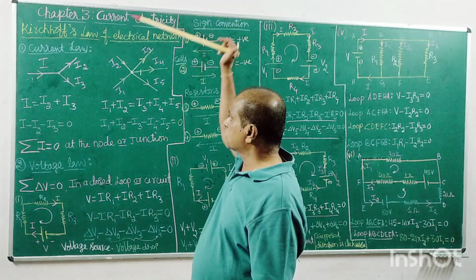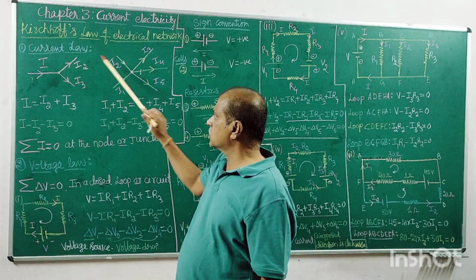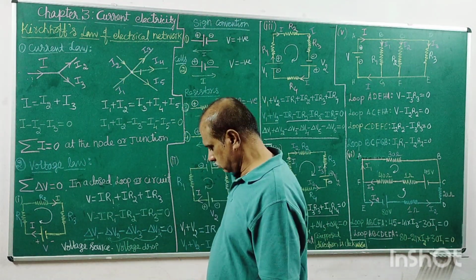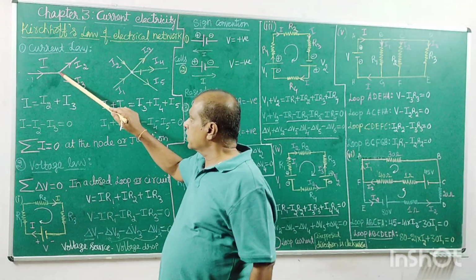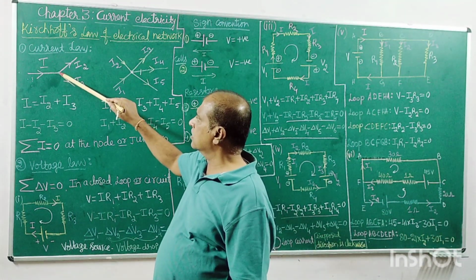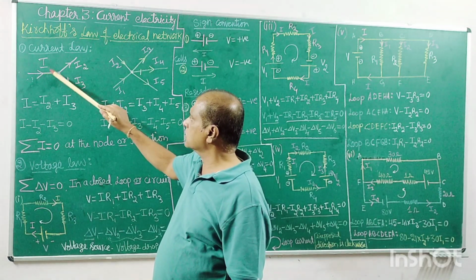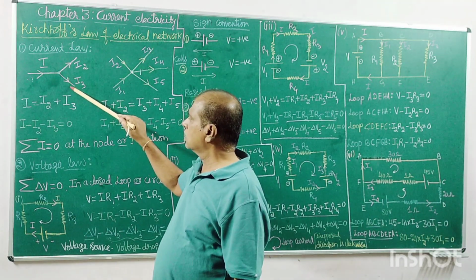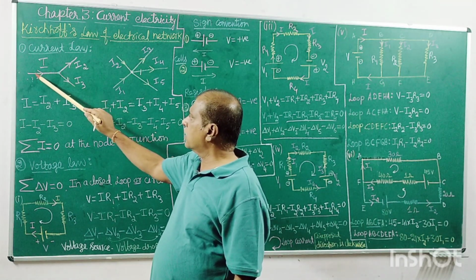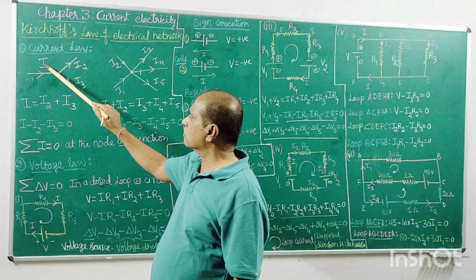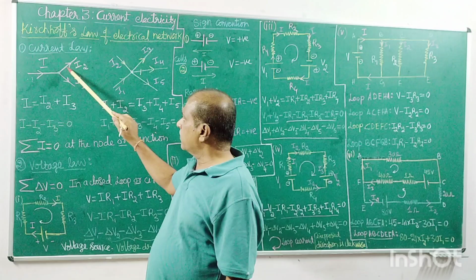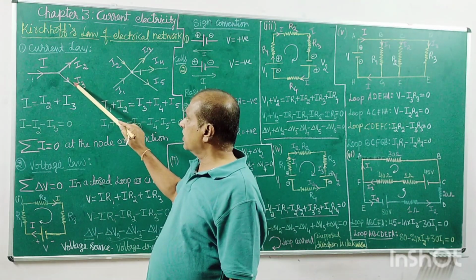Let us have the illustration with these two diagrams. This is the junction connected by three conductors. Through one conductor, the current is entering, the amount of current is I. Through the other two conductors current is leaving.